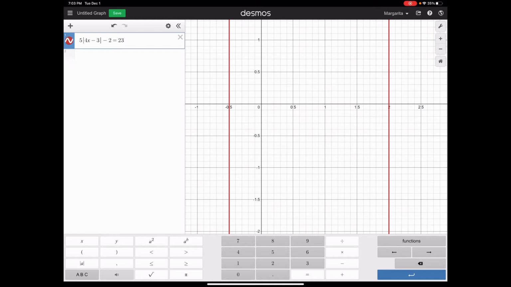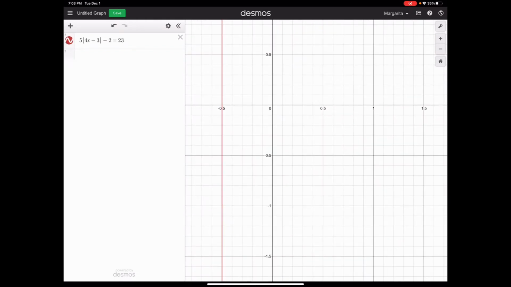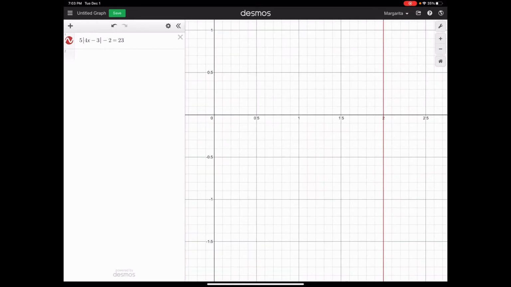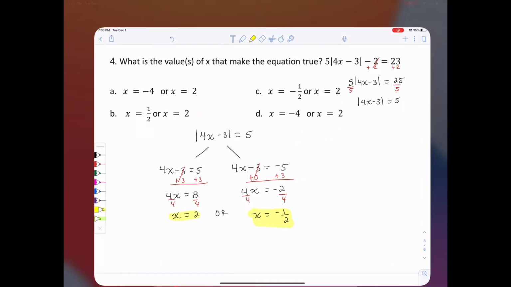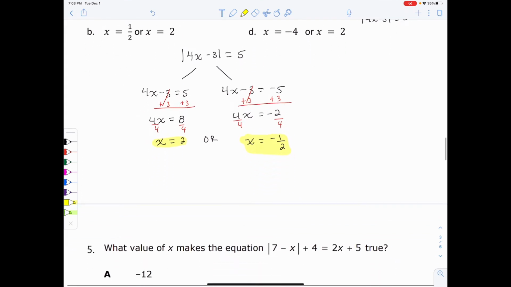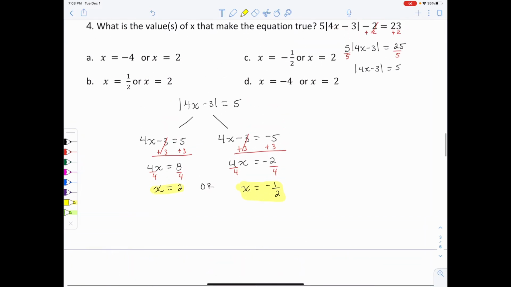And as you can see, it crosses here at negative 0.5, which is negative 1/2. And over here it crosses at 2. So it matches what I got. So I know my answers are right. So then the multiple choice, the correct answer here would be C. Right, so even if it's in a different order, as long as the numbers are exactly the same, then that's your answer.